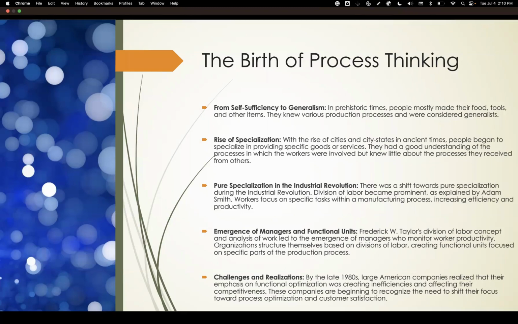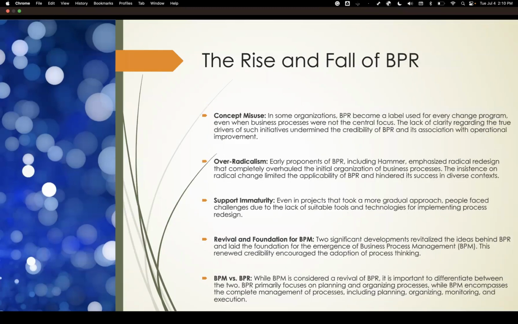Moving to the next slide, the rise and fall of business process reengineering consists of concept misuse, over-radicalism, support immaturity, revival and foundation of business process management, and business process management versus business process reengineering.